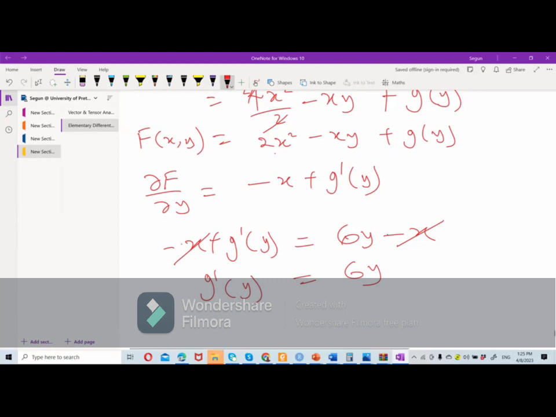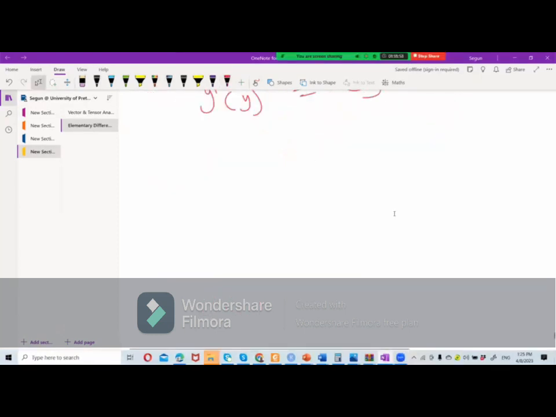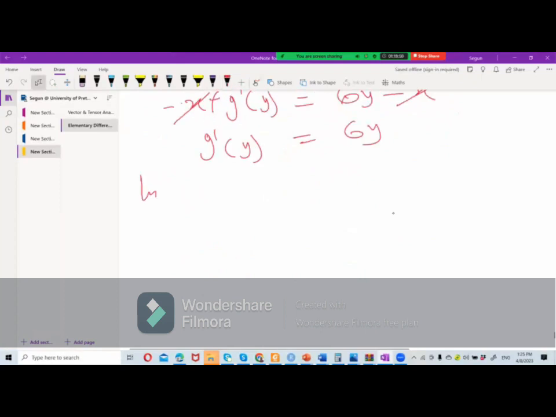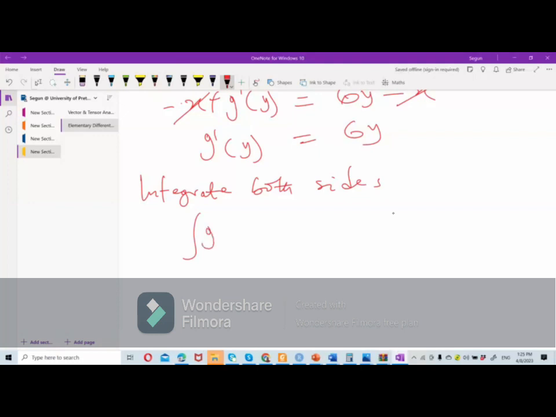Then we can now integrate. Remember, we are looking for g of y. We can now integrate both sides. We have integral of g prime of y equals to integral of 6y dy.